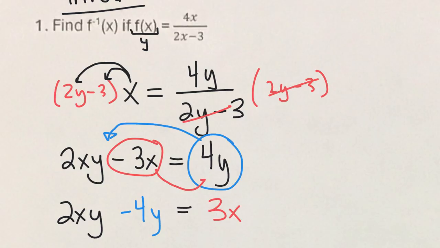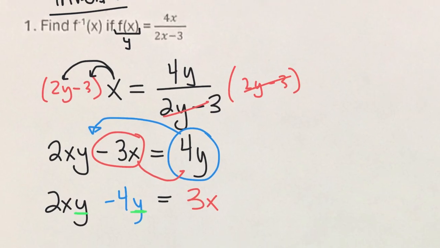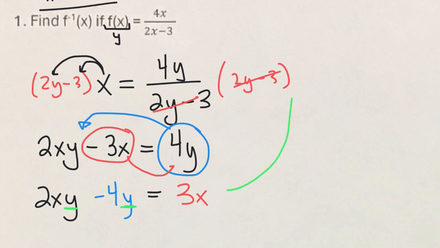So hopefully you notice, like I do, I have a y on this term and a y on that term. And the way I can take my 2 y's and change them into 1 is by factoring that y out of both of my terms.